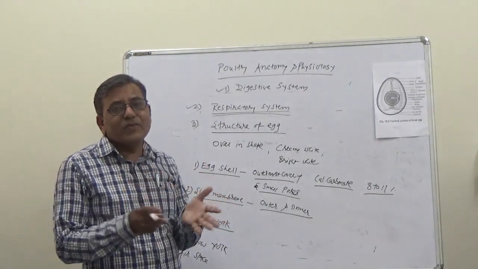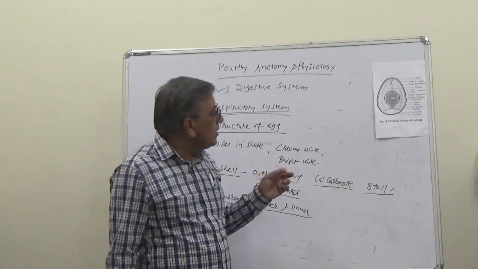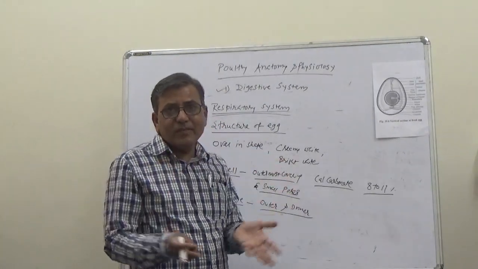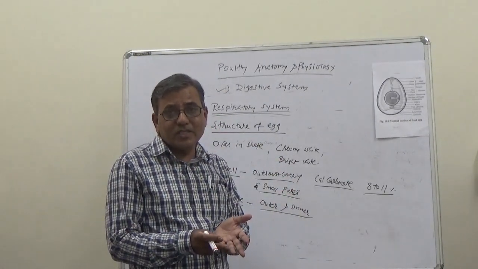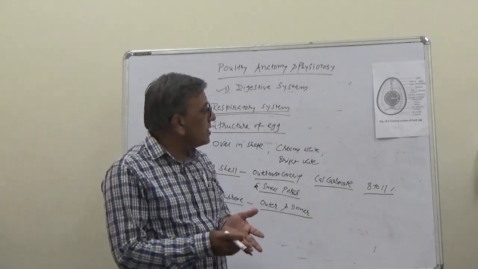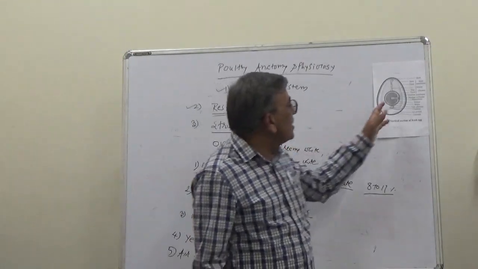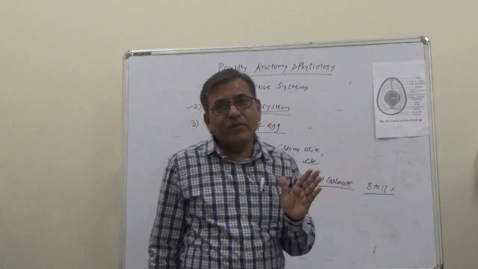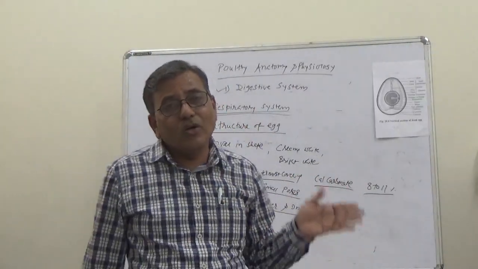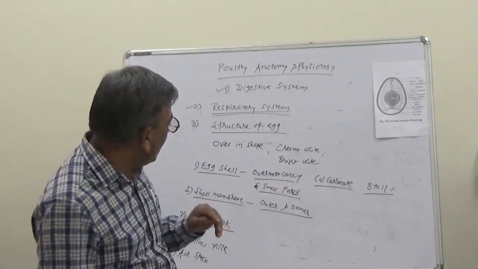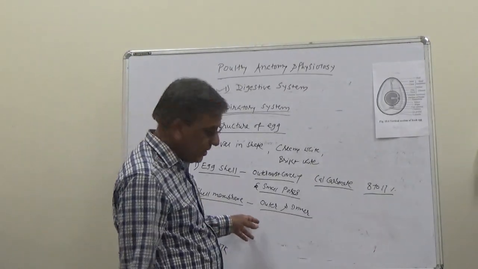So when the egg is fresh, when it is not boiled, these shell membranes hold the white yolk and yellow yolk, which is liquid in consistency, and avoid its direct contact with the inner wall of eggshell. That is the function of shell membranes.